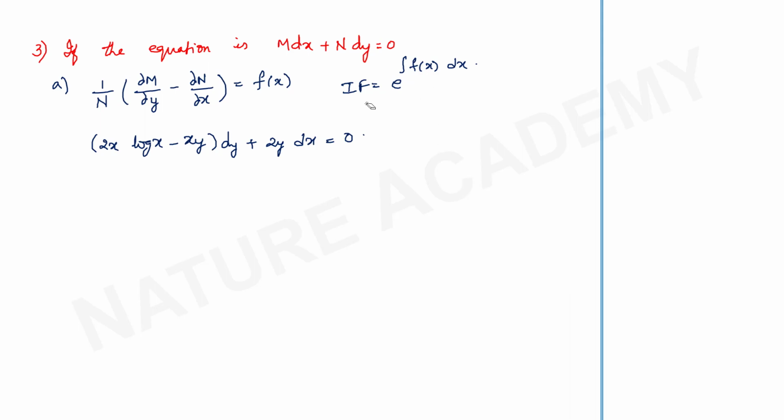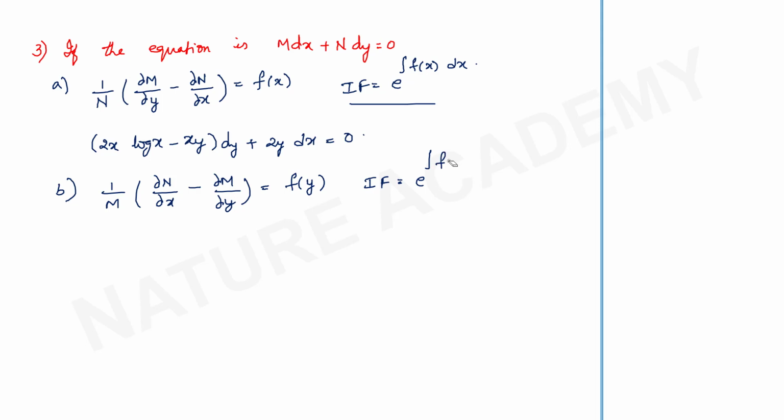So in that case you have to use this integrating factor. The other way is if you have 1 upon m into (∂n/∂x minus ∂m/∂y), and this happens to be a function containing only y, then you have to take integrating factor as e raised to integral f of y dy.